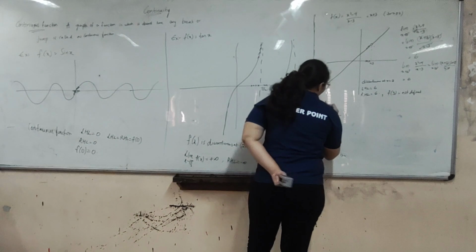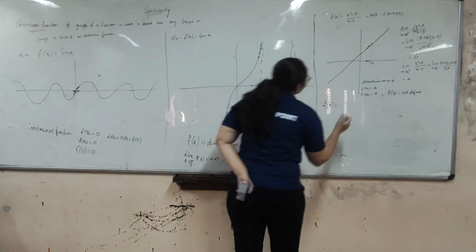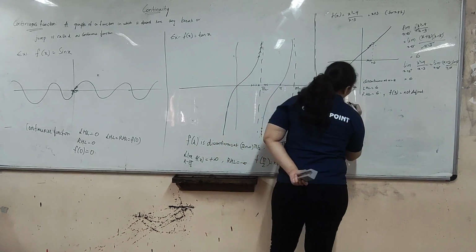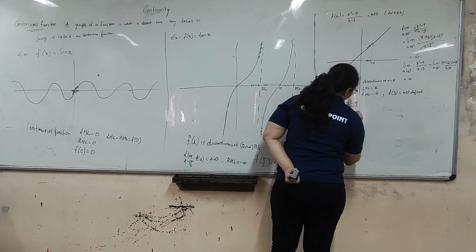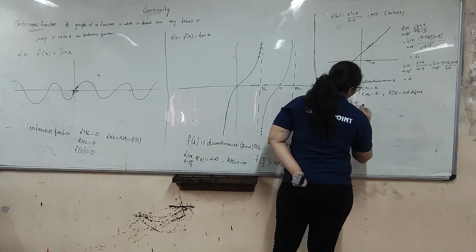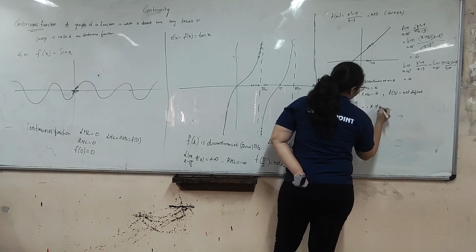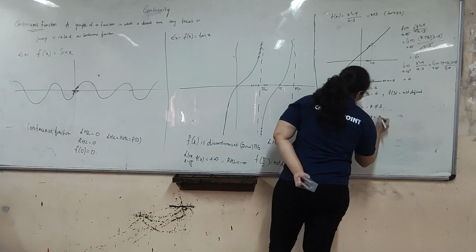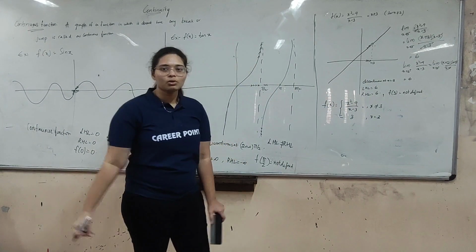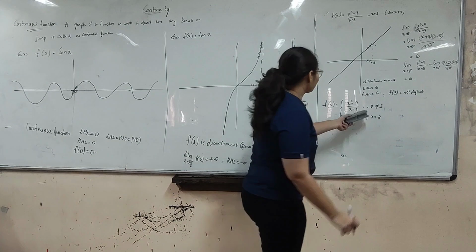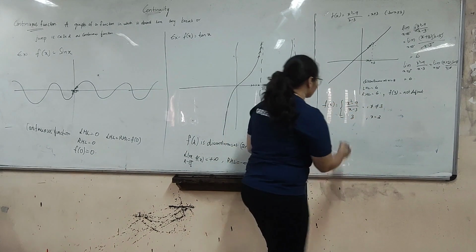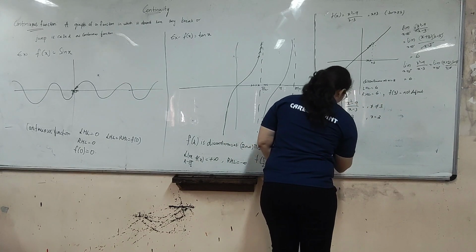Now let's see another example. Here f of x is (x square minus 9) by (x minus 3) for x not equal to 3, and 3 if x equals 3. In this, the same graph will be there, so LHL and RHL are 6.